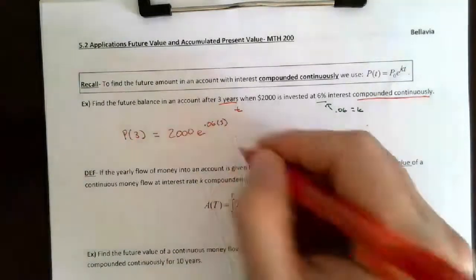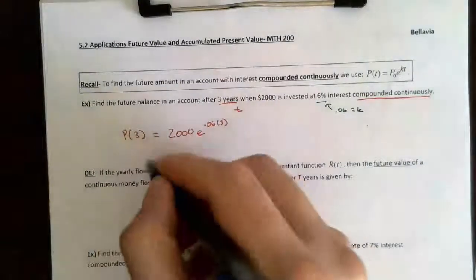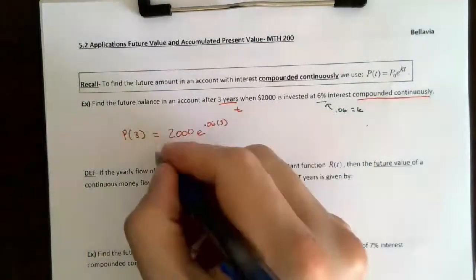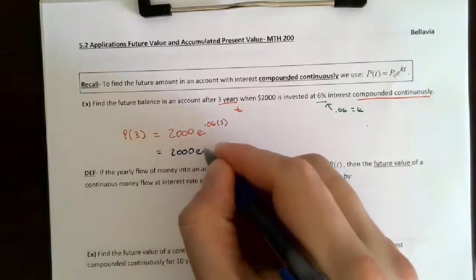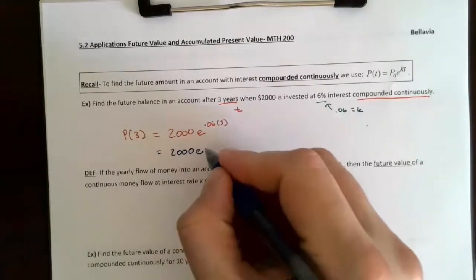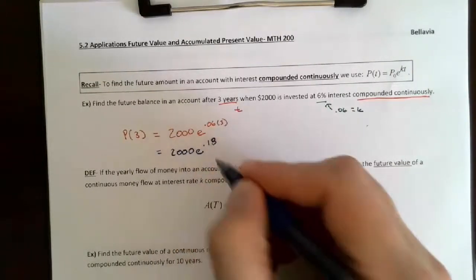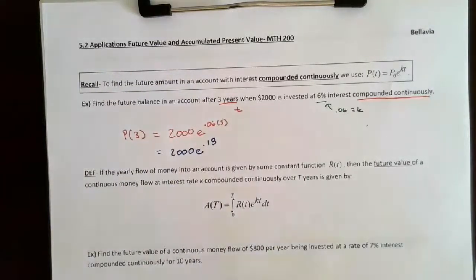And that's the same as saying we have 2,000 e to the 0.06 times 3, which would be 0.18 power.